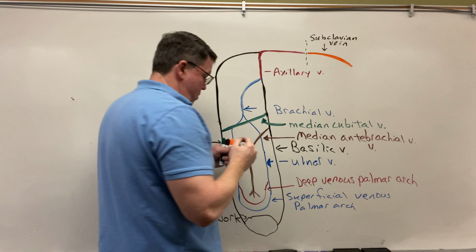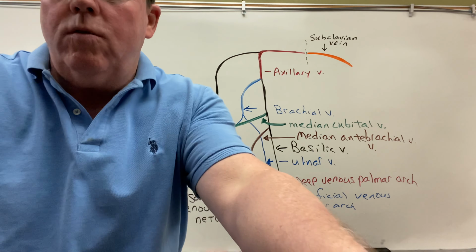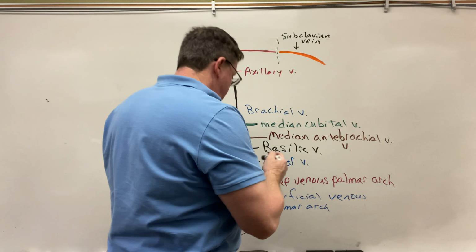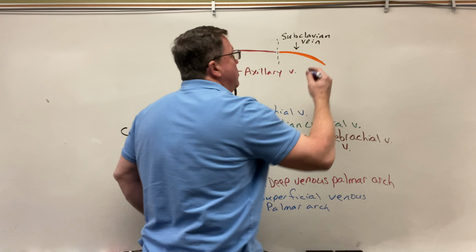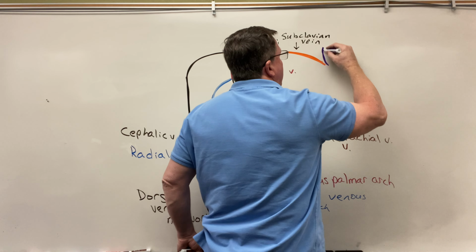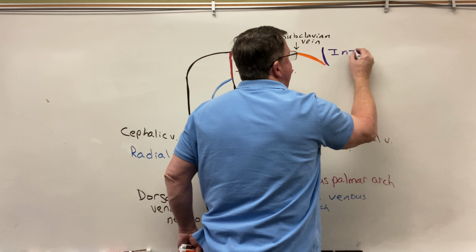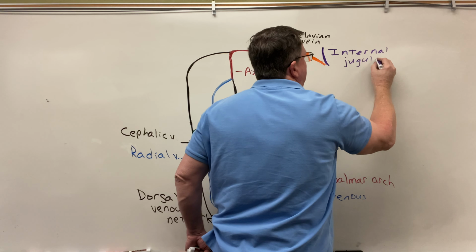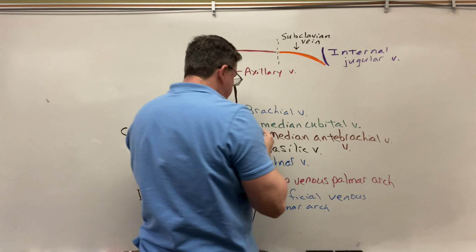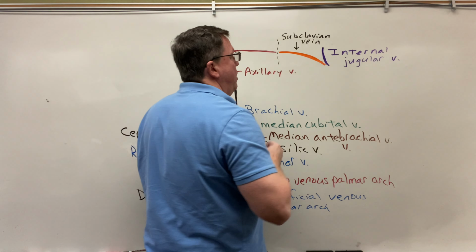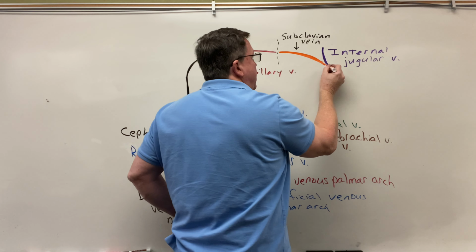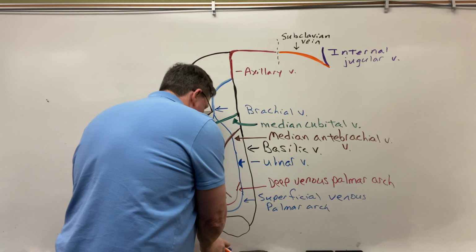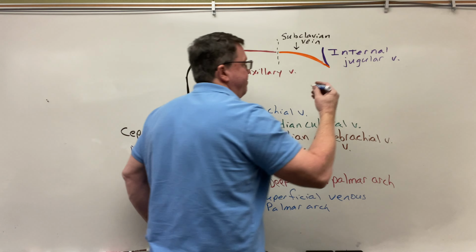Okay, now coming down from the head, I am going to have my internal jugular vein. Okay, when my internal jugular vein meets with the subclavian vein, it's going to become the brachiocephalic vein.